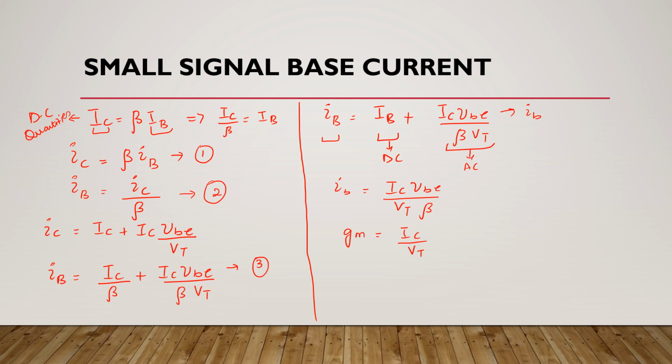If we put this value of transconductance in equation number 4, we get small signal base current is equal to gm vBE divided by beta. So this is the equation of small signal base current in terms of transconductance.